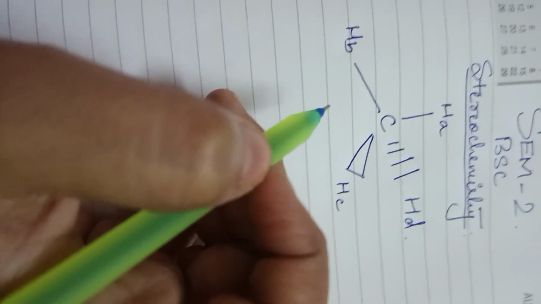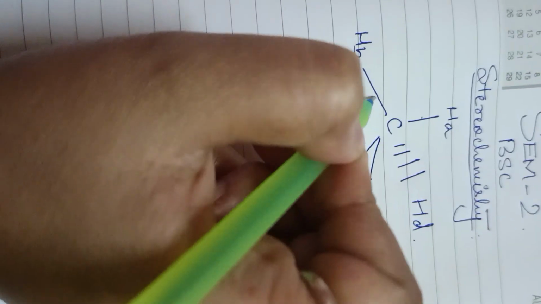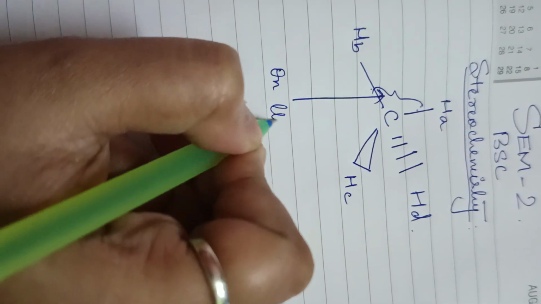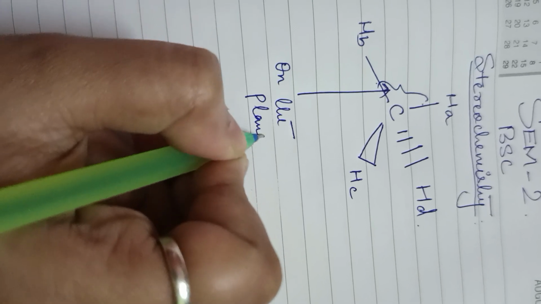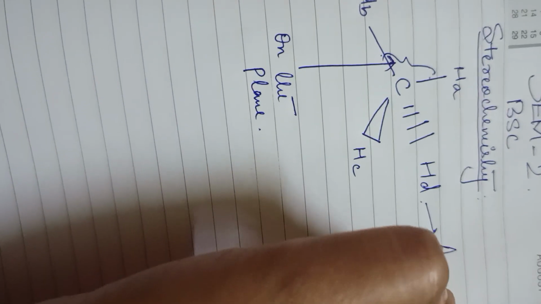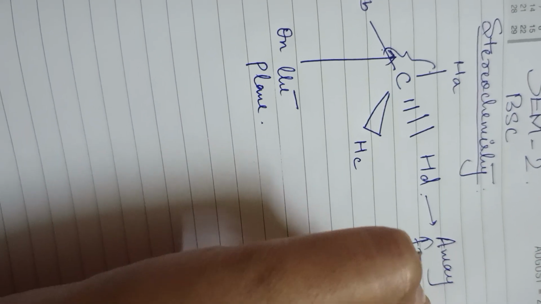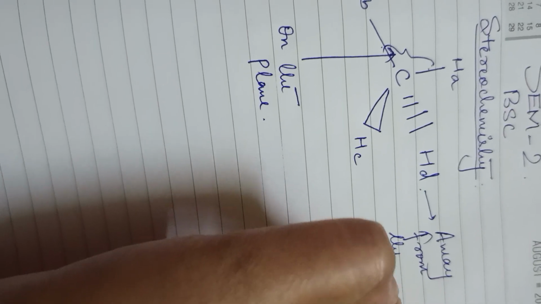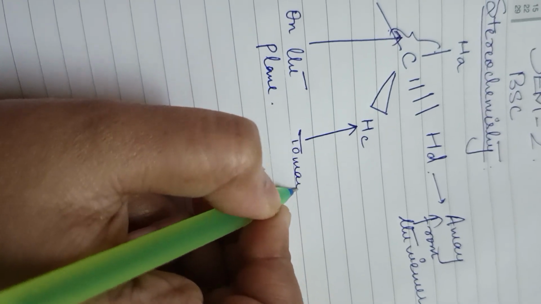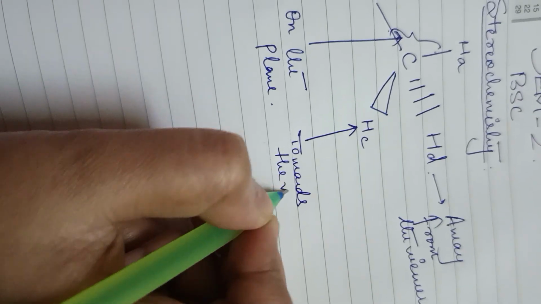So first of all, I will just show you what this is. These two are basic concepts. As I said, everything will be covered, so these two structures are on the plane, this is away from the viewer, and this is towards the viewer.